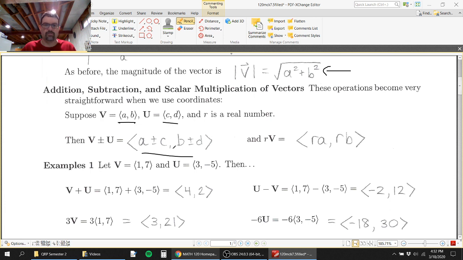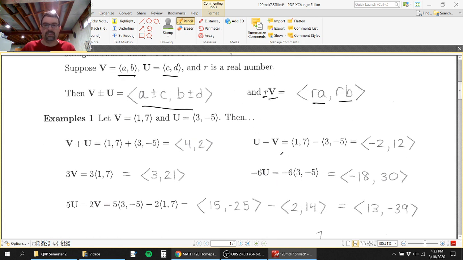So you get this formula right here. And if you take a real number r and multiply the vector by it to scale it, which means stretch it or shrink it, you just multiply each of the pieces, almost like you're distributing r onto the coordinates of the vector.